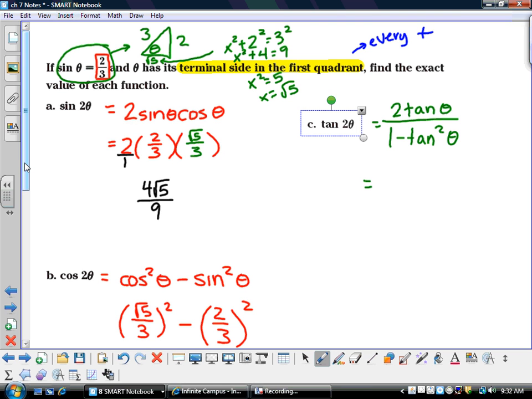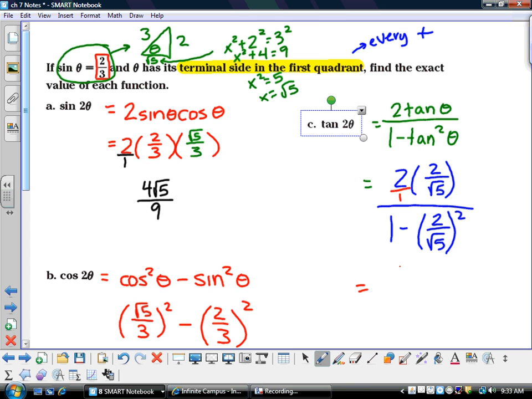The tangent, opposite over adjacent, is 2 over the square root of 5. So I'm going to do 2 times 2 over the square root of 5. And I could rationalize that now, or I could rationalize it later. I'm going to choose to rationalize it later, over 1 minus tangent squared. I definitely want to wait to rationalize this one until later, because when I square it, I'll get rid of the square root anyway.